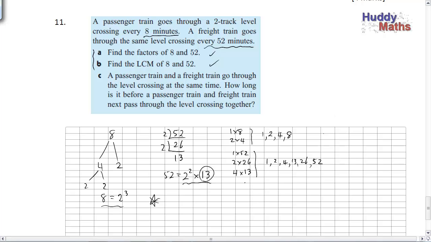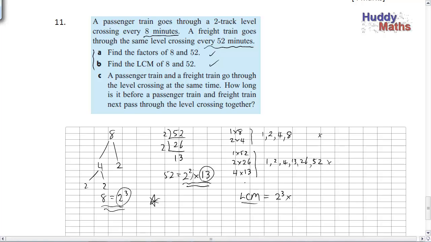So there they are. Now, what is the LCM, the lowest common multiple? We can construct that by looking at the 2 different numbers. So 8 needs at least a 2 cubed, so it would be a multiple. That's the first multiple.